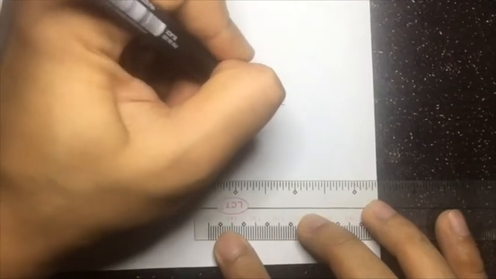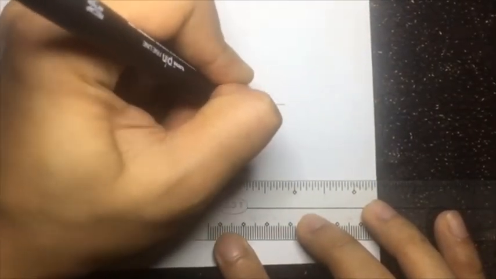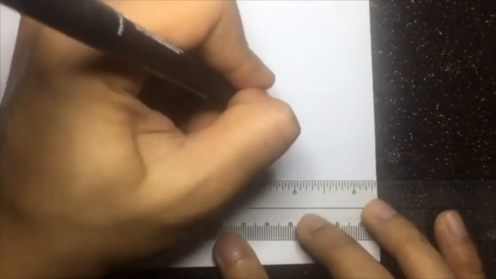So therefore, our dh over dt will now become dV over dt over 1/4 pi h squared.